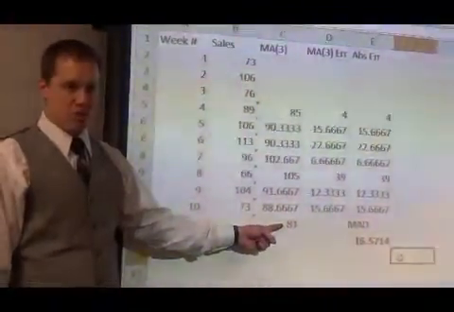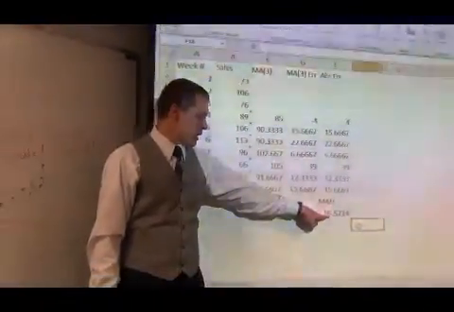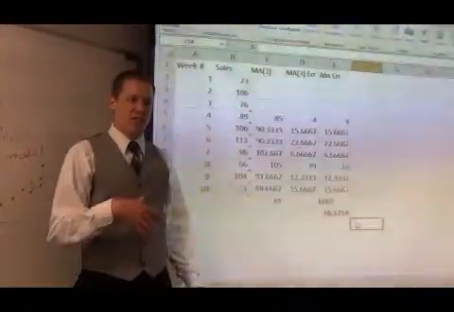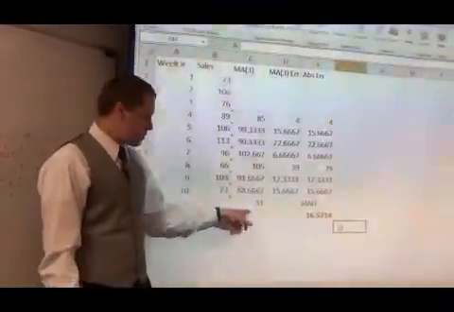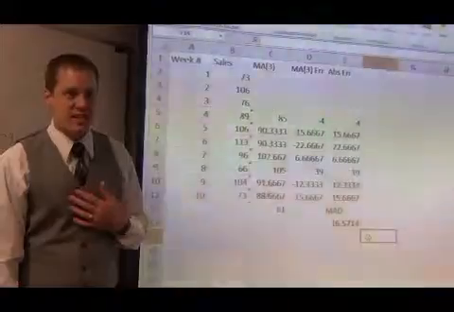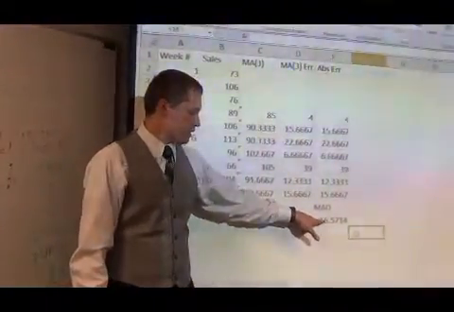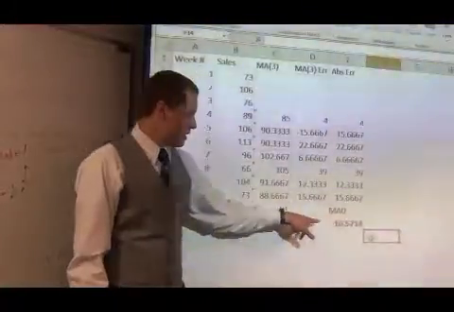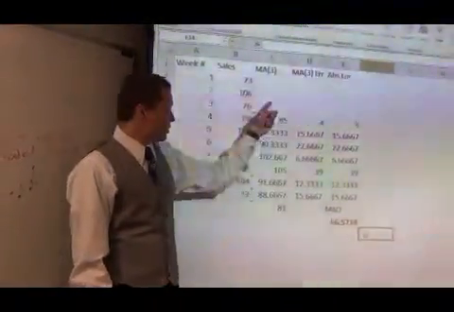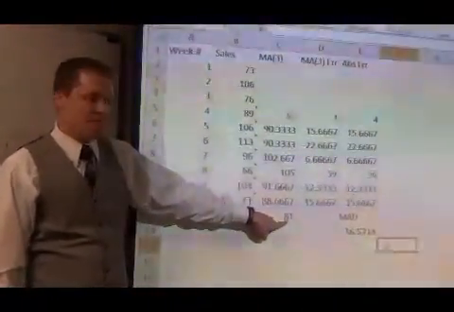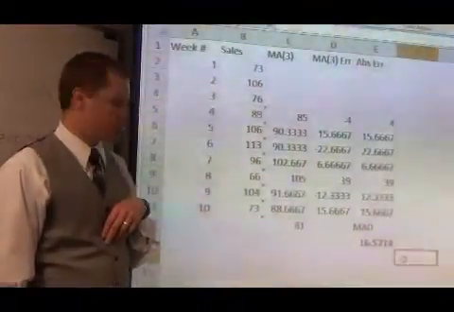I would assume it should be plus or minus about 16 of the real value. That is, I think I might be up to about 16 units off, since that's how off I was on average. Okay? So that's what we would use mean absolute deviation or mean absolute difference for, is to say how good of a model have we made, how much confidence should we have in its prediction of the future.